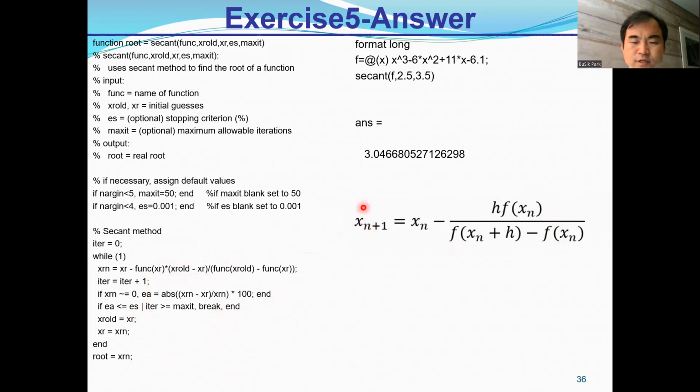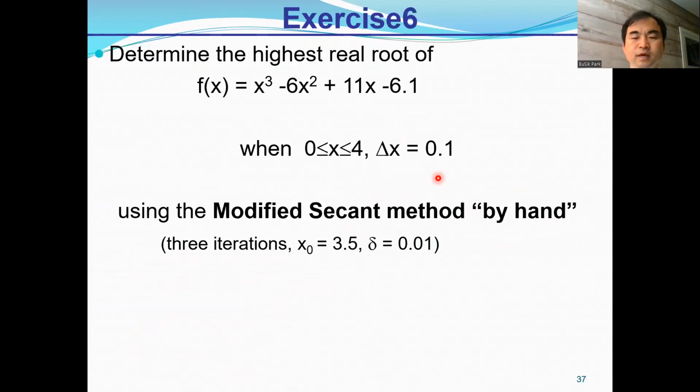This is in this part, and this part, and the error calculation part, and so on. And this is the calculated root value. Exercise 6 uses the same equation, however with the modified secant method by hand. In that case, we should know delta, and the delta value is 0.01.